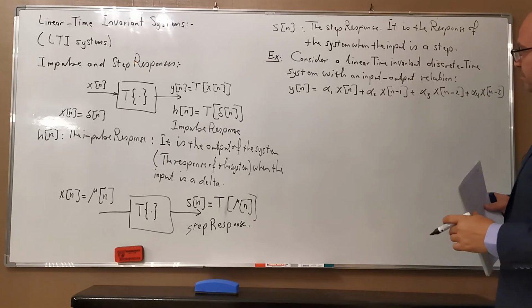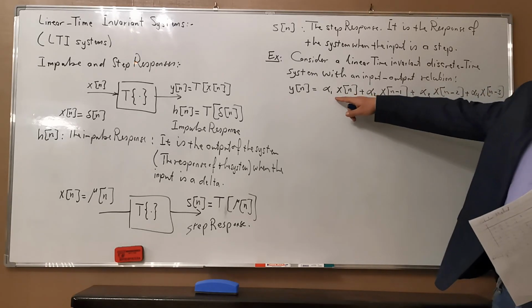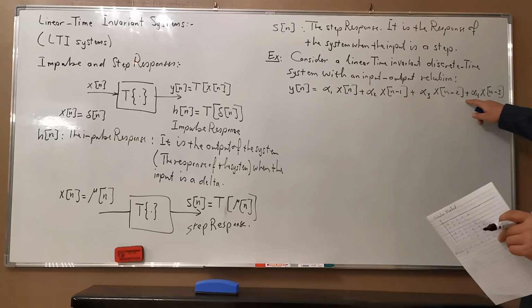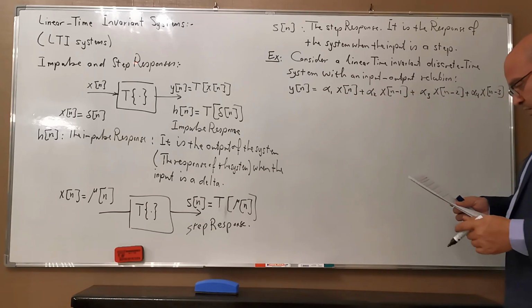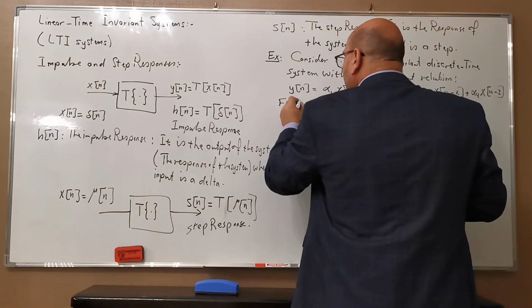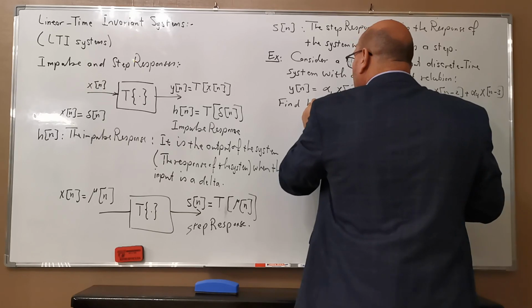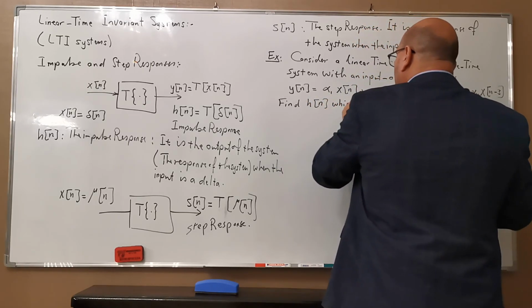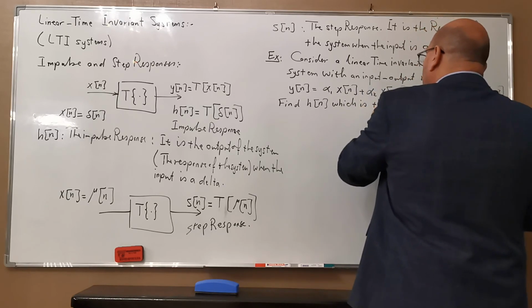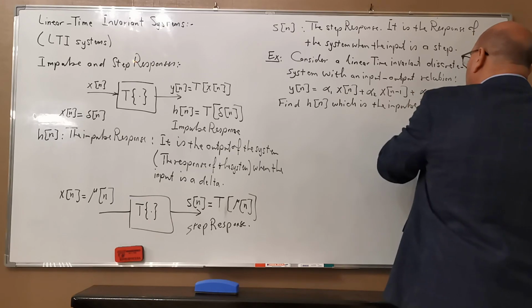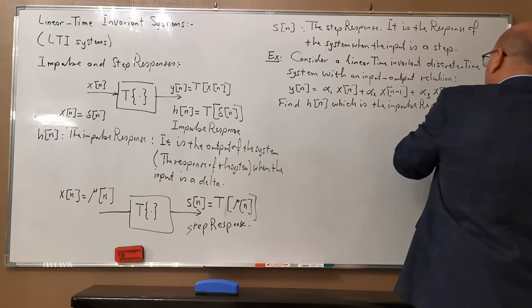So we have a system, and it's actually a weighted sum of x's and previous x's as shown here, and we need to find h of n, which is the impulse response of the system.